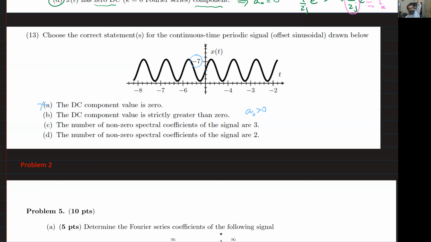If y equals 0 lies above. Right, so I think this should be true. No, this cannot be true. Where will the area be and how much? Will it be positive or negative? It will be negative, right? This cannot be true. So A naught is always negative.